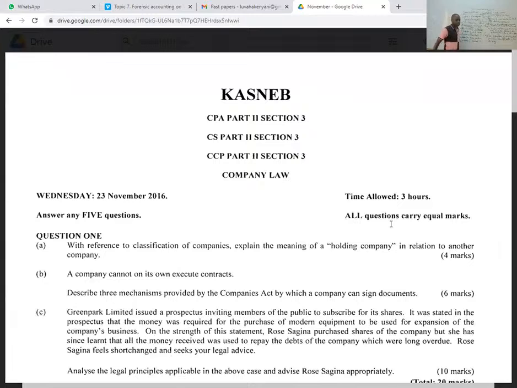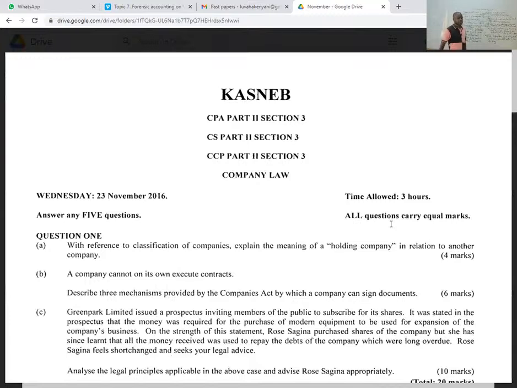that has acquired ownership in another company, and therefore able to control the activities or affairs of the other company.